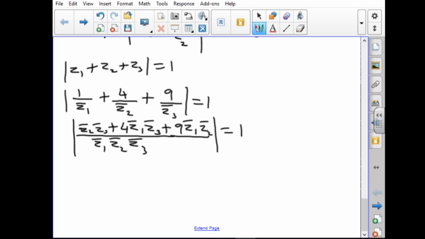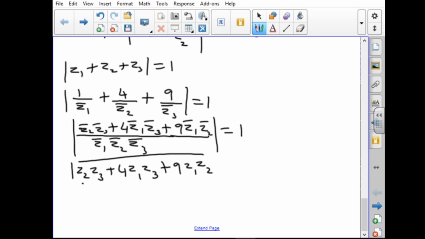So this becomes modulus of z2 z3 plus 4 z1 z3 plus 9 z1 z2, the whole conjugate, by z1 z2 z3 conjugate, modulus is equal to 1.